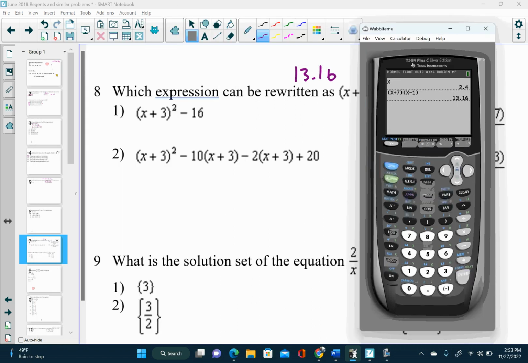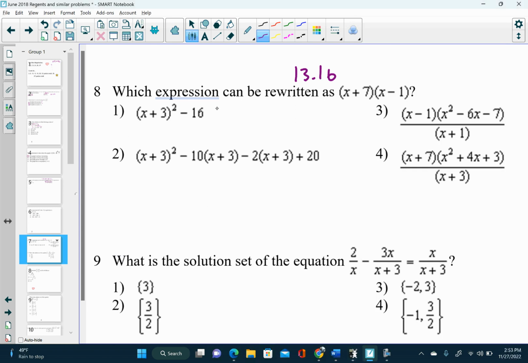So option number 1, hopefully it is the same thing. That would be a lot less work. Squared minus 16. Is that the... Hey, look at that. So the first one is the answer. And you should check the other ones to see that they do not work. And you can see that they don't.